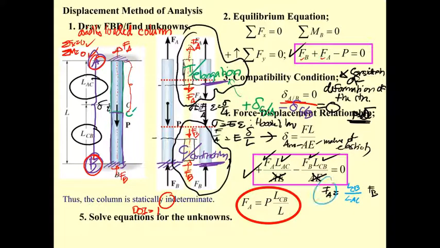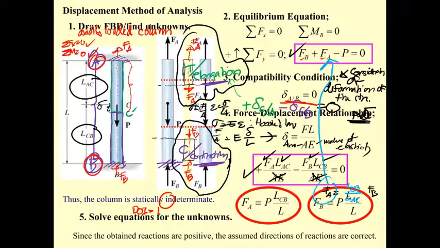Anyway, you may put this one into this, and then you solve for F sub B. After you get F sub B, you can get F sub A, and then you obtain the reaction. Since the reactions are positive, the direction you assumed for the reactions is correct, so F sub A and F sub B are correct. This is called the displacement method.